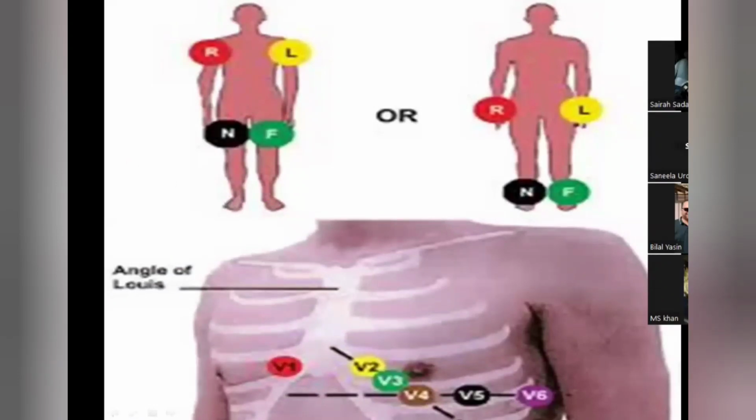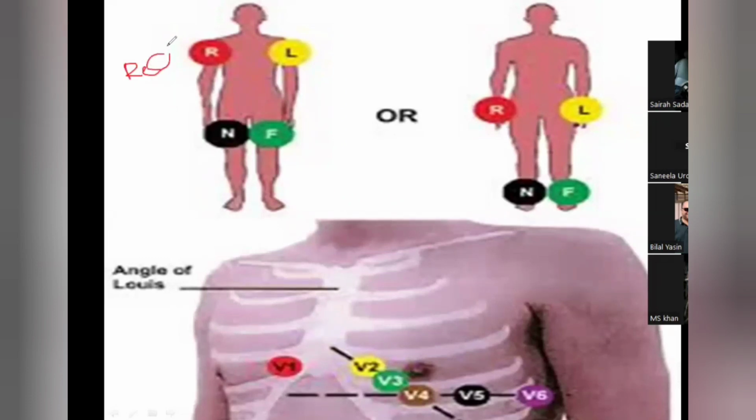Now, shortly, I will tell you very briefly about the electrode placement and the colors. I hope you are familiar with the "read your green book" thing. Let me use the other marker, sorry. Okay. Read, oops, sorry, it's not red.